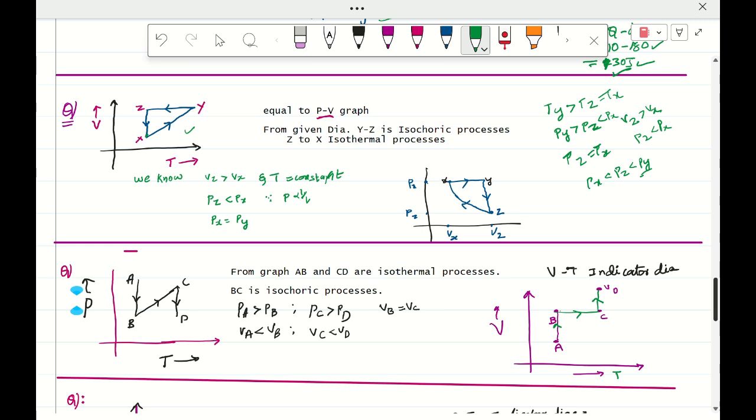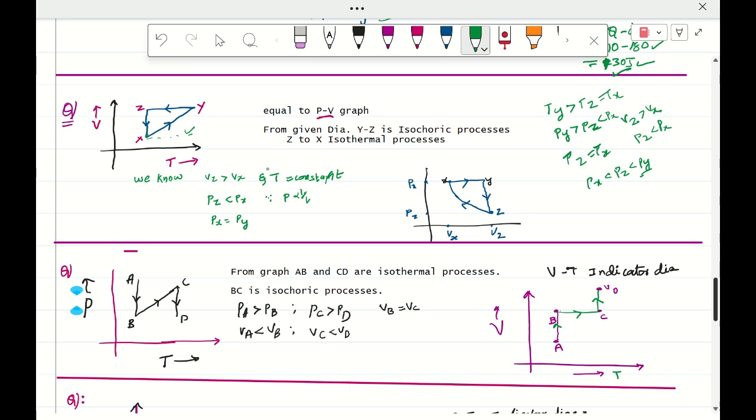From Y to Z, temperature is decreasing, pressure is also decreasing, and volume is constant. From Z to X, temperature is constant and volume is decreasing. And from X to Y, the slope of V by T, again for X to Y the slope of V by T you can write, that is 1 by P.